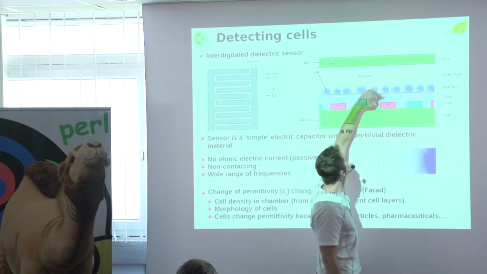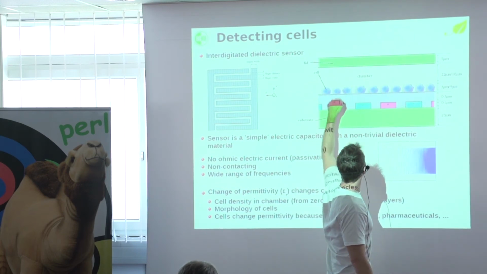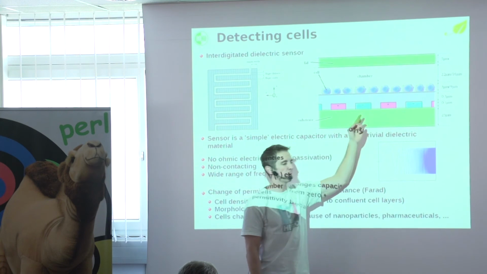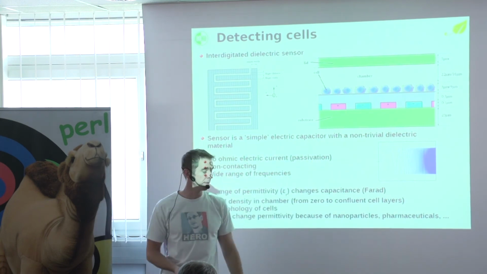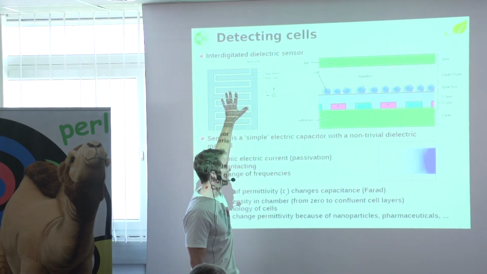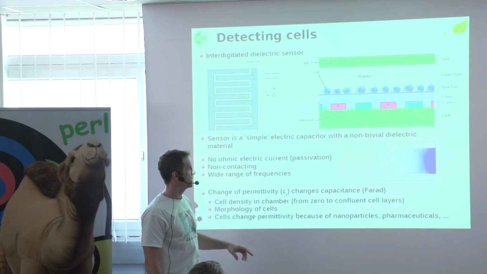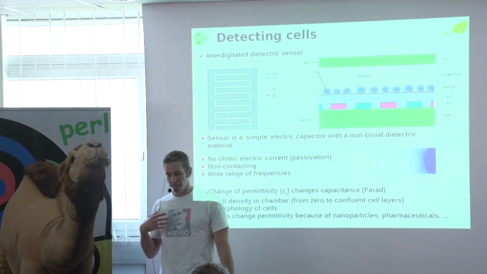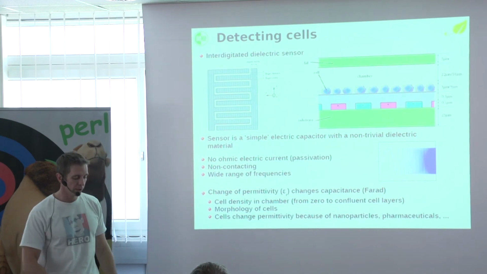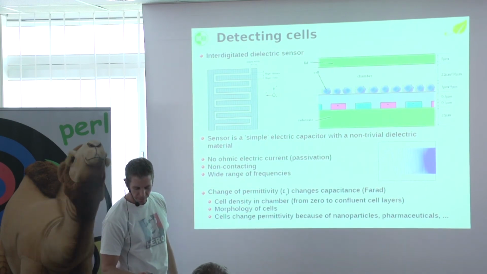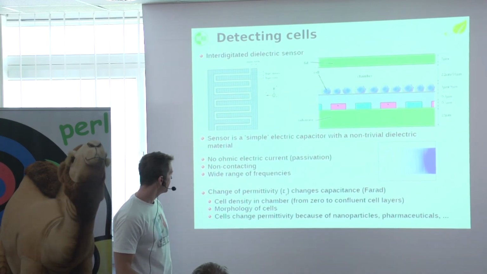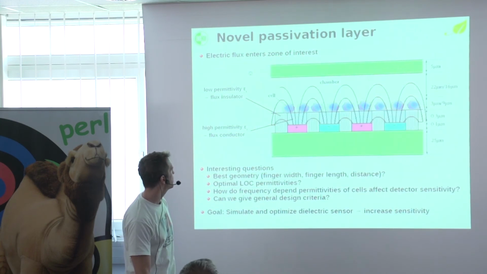Here we have the cells. The fluid goes through here and we detect the cells by the electric field change, or the change of the capacity, because this is nothing else than a capacitor. And the nice thing is that we can monitor with a wide range of frequencies. I'm just skipping through because I'm running out of time.